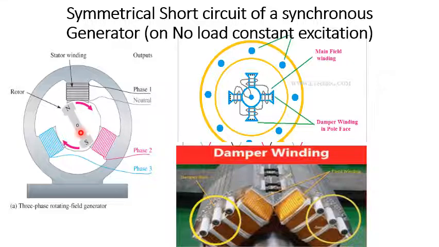Also, in the field structure there are damper windings, which you can see here. These are the damper windings at both ends. The field winding is excited by DC current.